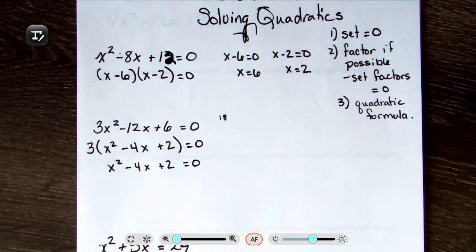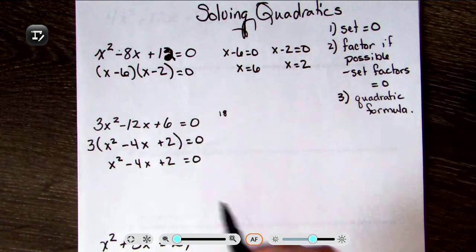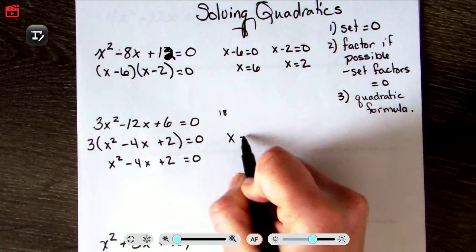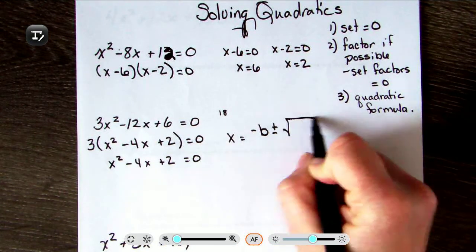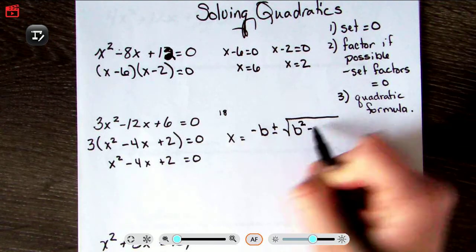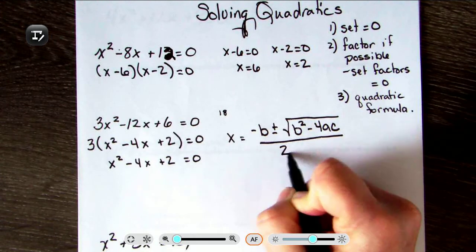So I'm looking for two numbers that multiply together to give me 2, add together to give me negative 4. And that's not going to happen. So I am going to go to the quadratic formula. The quadratic formula looks like negative b plus or minus the square root of b squared minus 4ac, all over 2a.